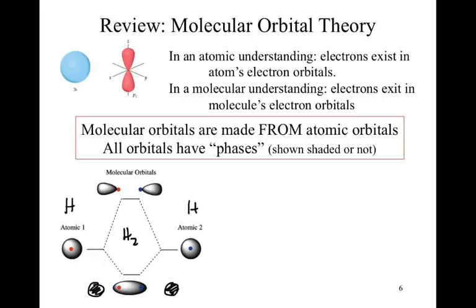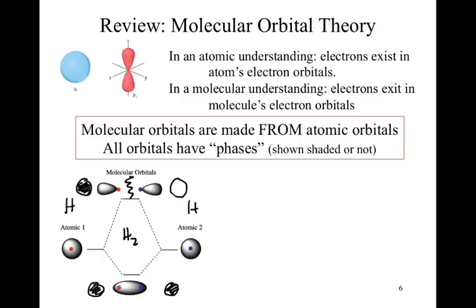In the top situation, our s orbitals were out of phase. Okay? Because every orbital has the possibility of being positive or in phase or out of phase. So what ends up happening is that when these things align, they don't interact, which means we get destructive interference, and now there is no likelihood of finding the electrons between the atoms.